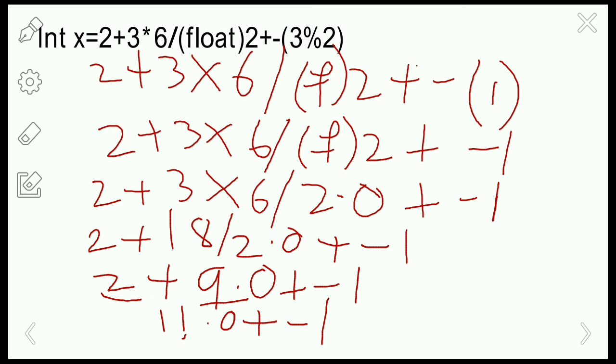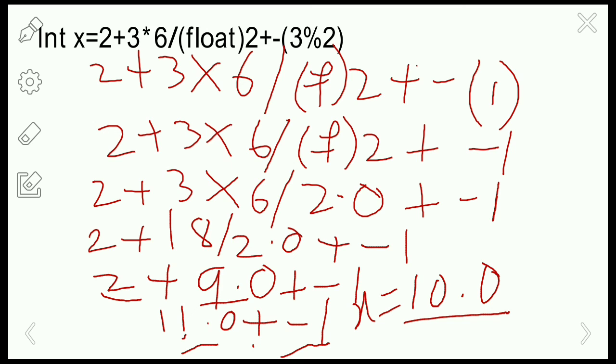Here we are adding an integer value and a floating value, so int plus float becomes a float value. Now evaluating, 11.0 minus 1 is 10.0. Subtracting an int from a float also gives a float. So the answer is x equals 10.0.